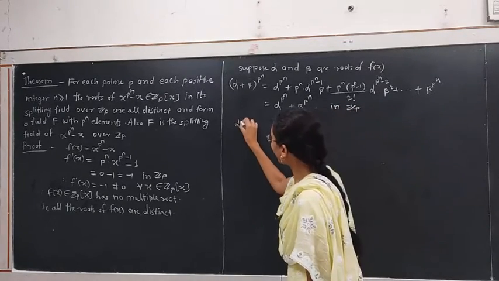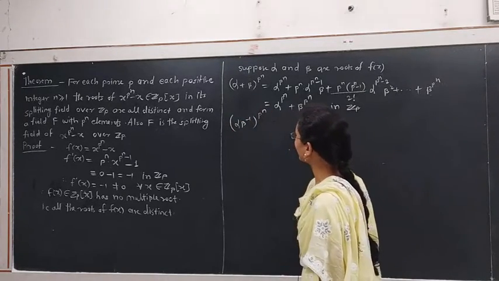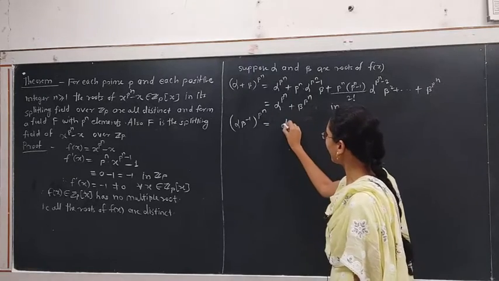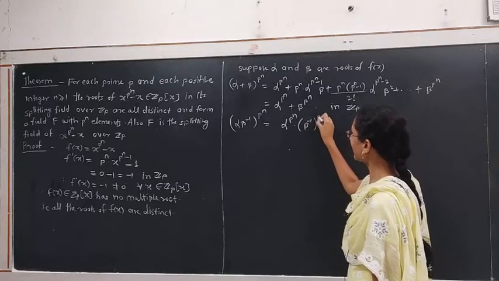Also, (alpha beta inverse) raised to p^n is equal to alpha^(p^n) into (beta inverse)^(p^n).